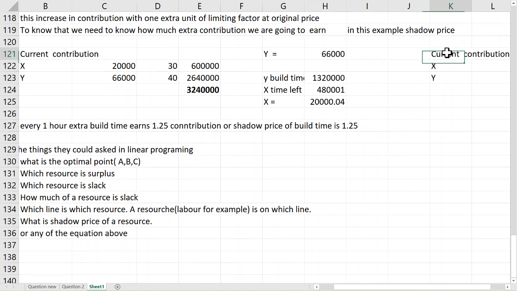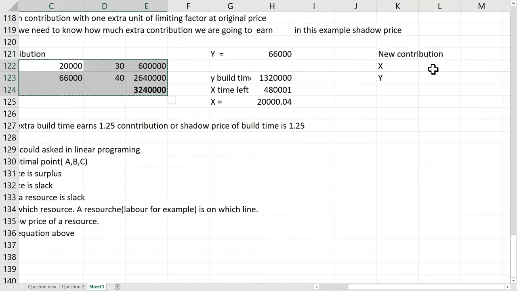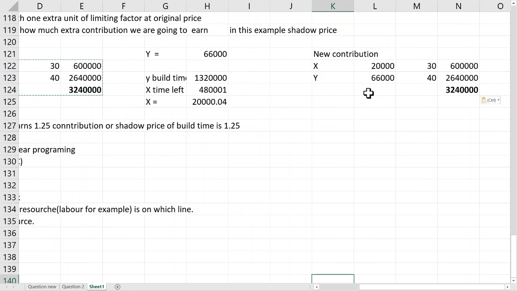So the new contribution with one extra unit: Y units are the same, X units change. So we have 324,001.